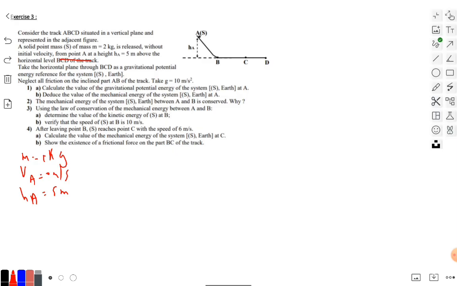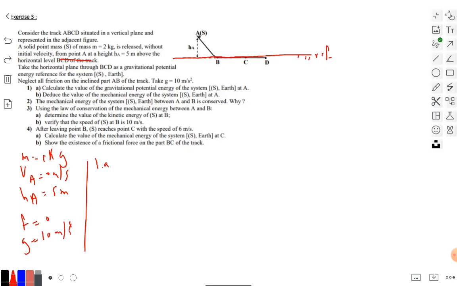Take the horizontal plane through BCD as the gravitational potential energy level. So this is the reference. Then gravitational potential energy at B, C and D is equal to 0. Neglect all friction on the inclined part AB of the track. So friction equals 0, and g equals 10 meters per second squared.